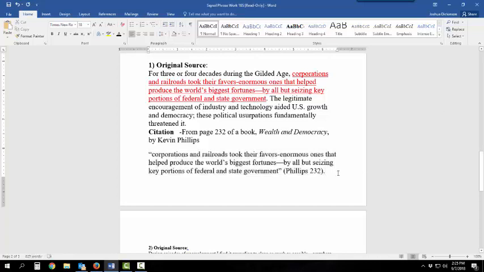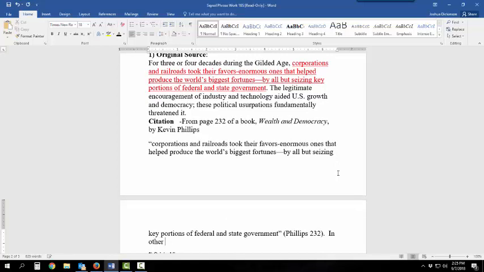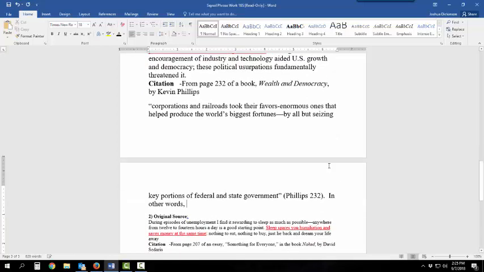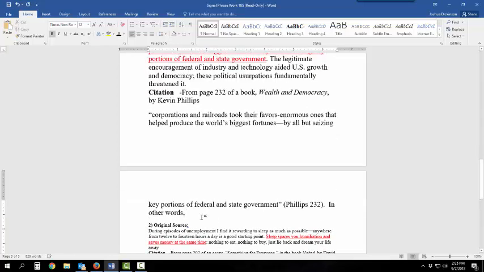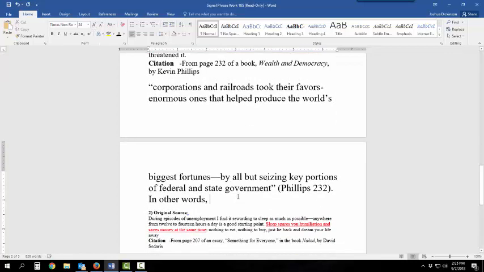All right. Typically, you might restate what the quote means. In other words, so here's the quote. I'm going to make it easier to see here, and I'm going to just comment on it. The quote is about people taking advantage and connecting government to industry. So industry in government.